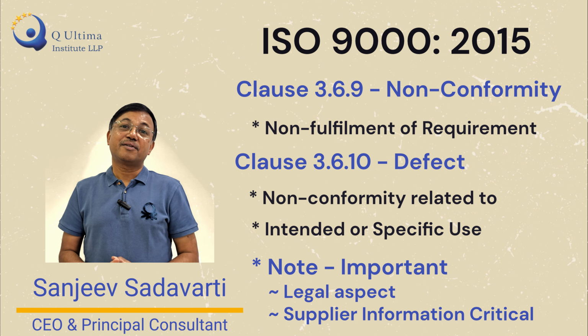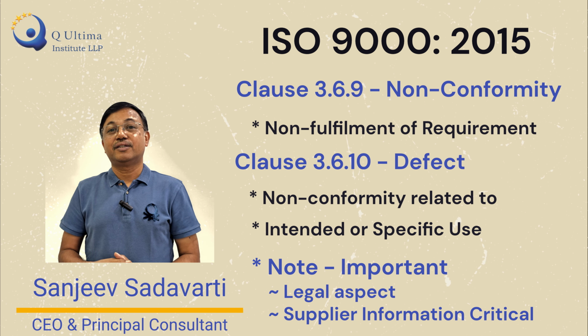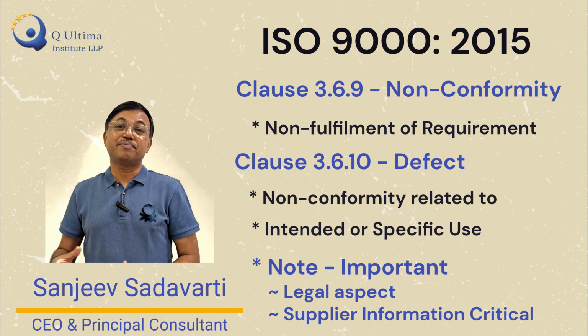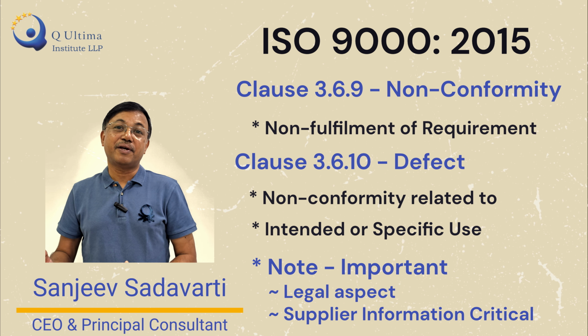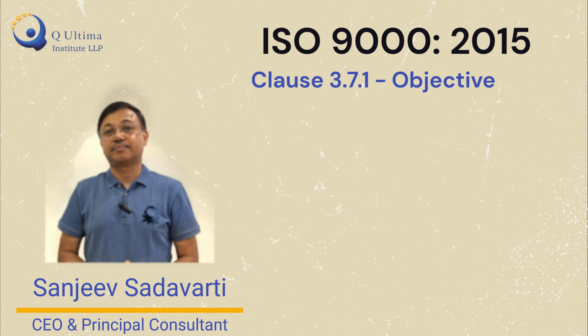Second thing is, the defect can arise because of the specified use, which may be impacted by the information that a supplier is giving to the customer. For example, something written in the operation and maintenance manual which may generate a defect.